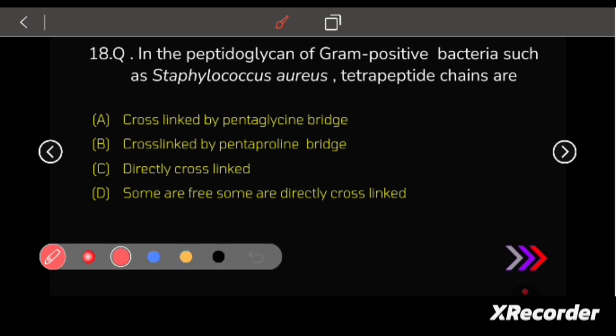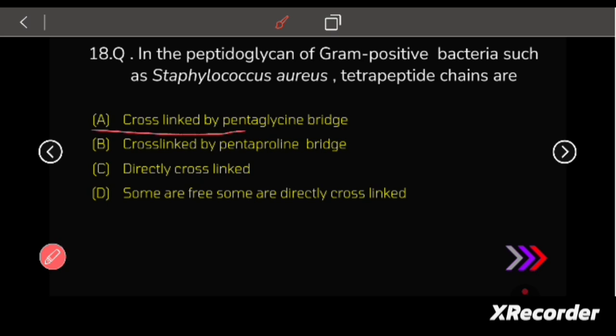Answer is A. Tetrapeptide chains in the peptidoglycan of gram-positive cell walls are cross-linked by pentaglycine bridge. Answer is A.